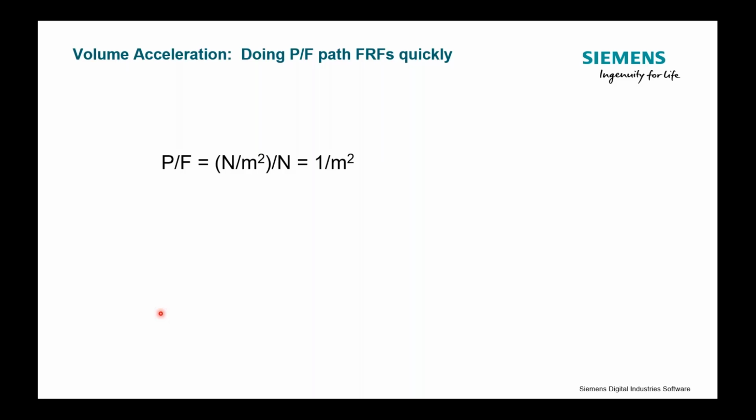But first, I'm going to show you what allows us to do this. And this is sort of a simplified approach, but it does hold true. So if we look at that P over F transfer function, and we look at the units involved in P over F, pressure is a Newton per meter squared, or Pascal, right? Over a unit of force, which is Newton.